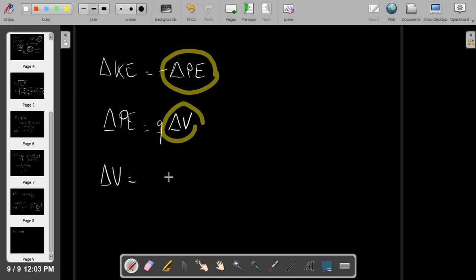Because this is a capacitor, you need to use the formula for the capacitor. And that formula says that to find the change in electrical potential, you need the charge of the capacitor divided by the capacitance. And they give us both.